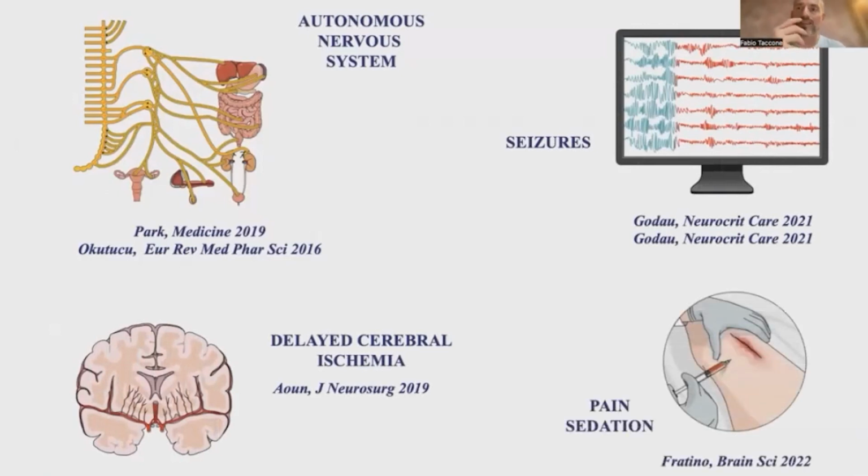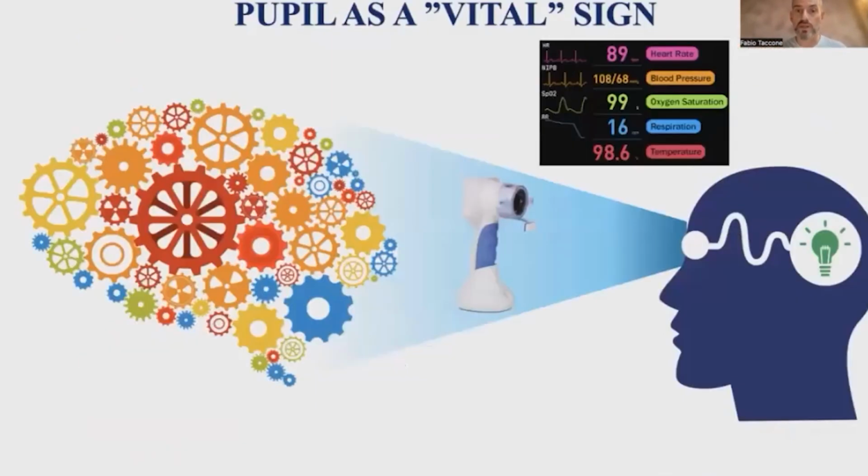And of course, the pupillary dilation to pain stimulation has already been implemented in clinical practice in some countries, in which titration of analgesics has been done based on pupillometry, which reduces postoperative pain, which also, of course, is one of the predictive factors for postoperative delirium.